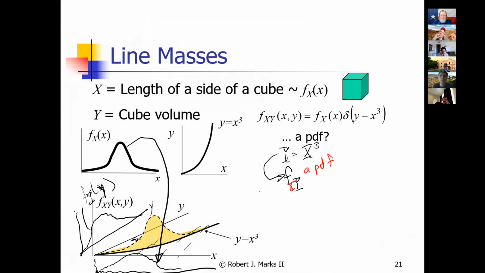Well, let's integrate first over the x-axis, okay, or the y-axis, right? To make sure it's a probability density function, what must the volume of this knife edge be equal to? Should be equal to 1, right? So I'm going to make the integration over x and then y. Is that okay?